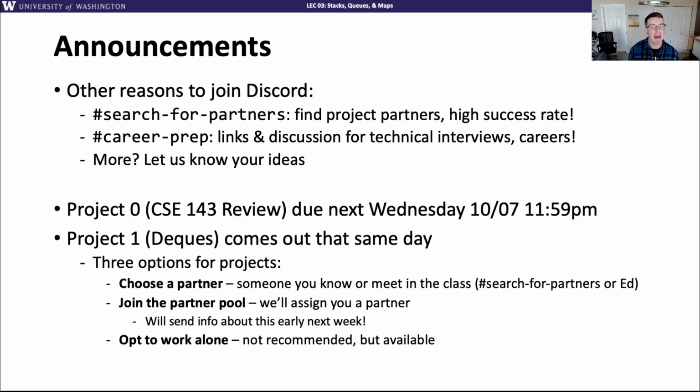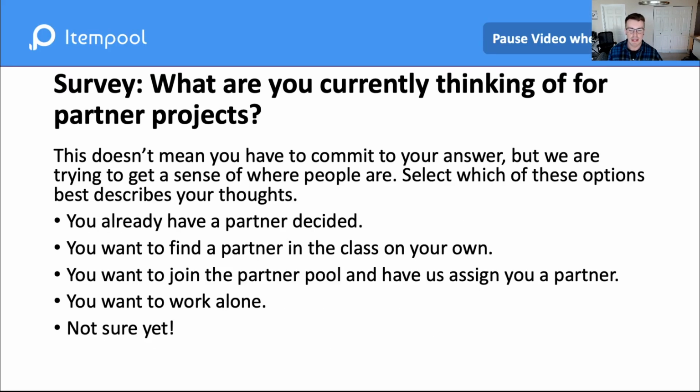If you haven't met anyone yet or don't have a strong preference on who you work with, as long as it's someone else in the class, we'll send info about how to join this partner pool early next week. And you also have the option to work alone. I don't recommend this because I think working with a partner is super valuable, but it is available if you so choose. Again, the partner pool information will come out early next week.